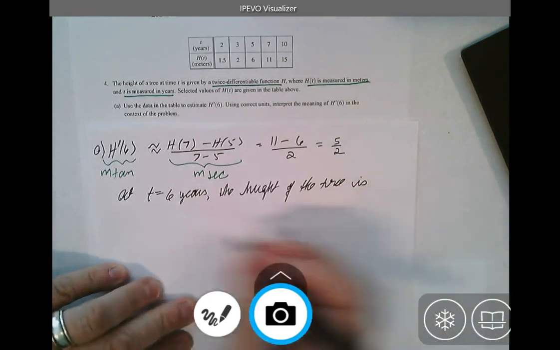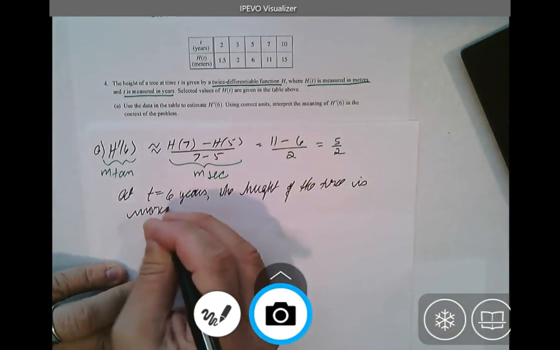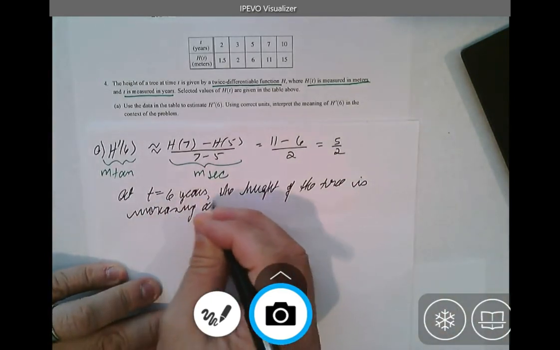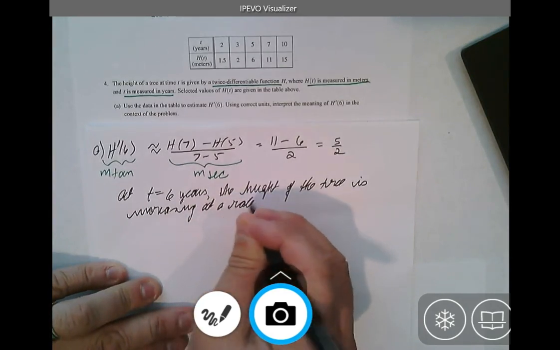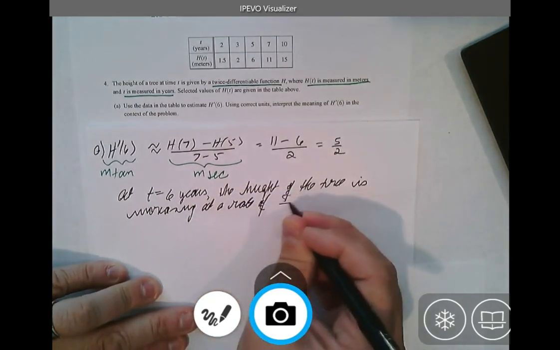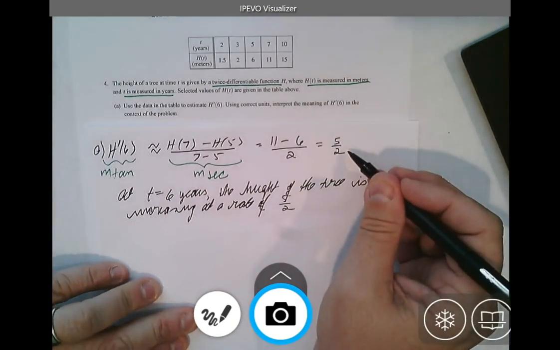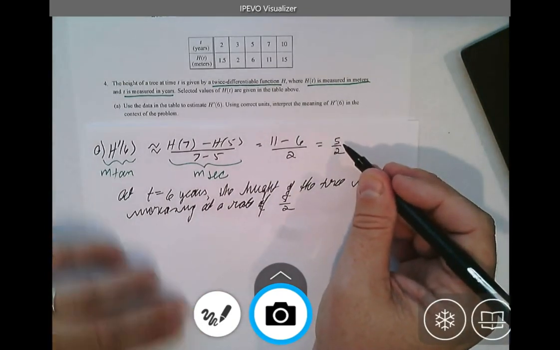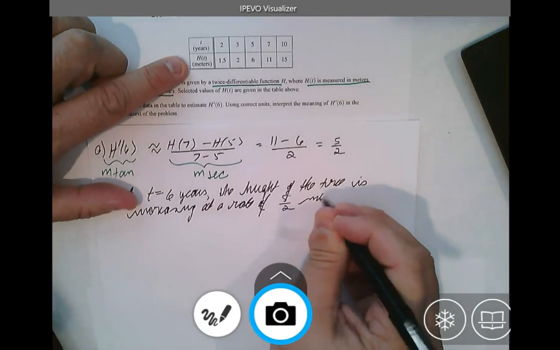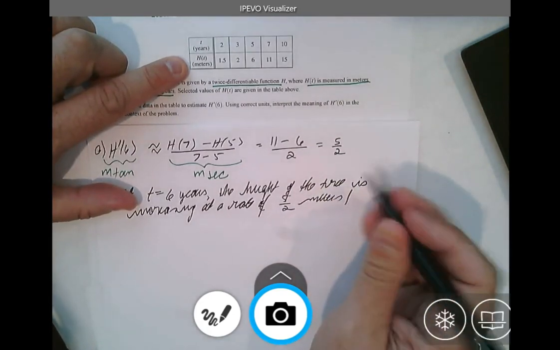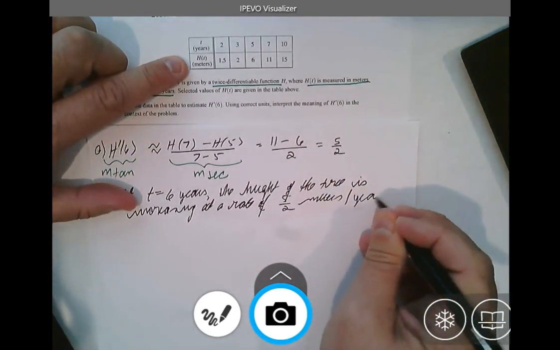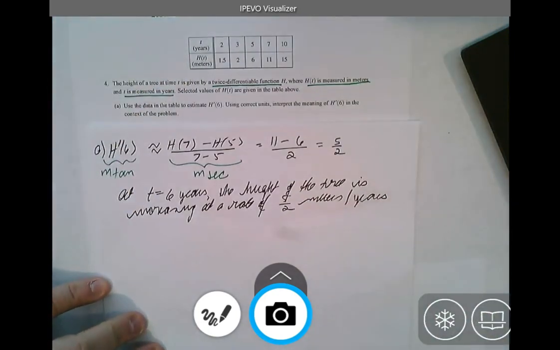The height of the tree is increasing at a rate of 5 over 2. Now get me the units. What are the units in the numerator? Meters. What are the units in the denominator? Years. At t equals 6 years, the height of the tree is increasing at a rate of 5 over 2 meters per year. Perfect.